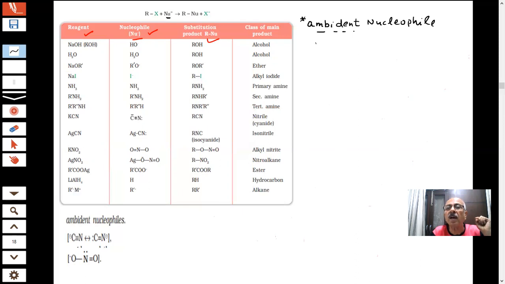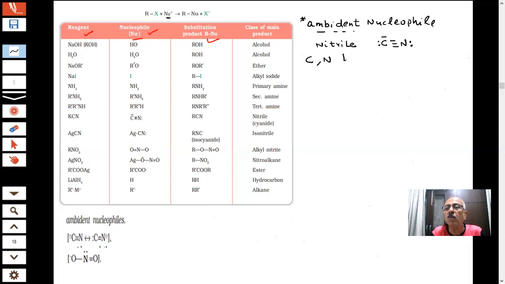For example, I write cyanide. What is the Lewis structure? We have learned to draw the Lewis structure so well. How do you draw it? C, N, there is an electron pair and there's a negative charge. Now you see the situation. This is my cyanide. Here you can see that carbon can act as a nucleophile or nitrogen can act as a nucleophile.